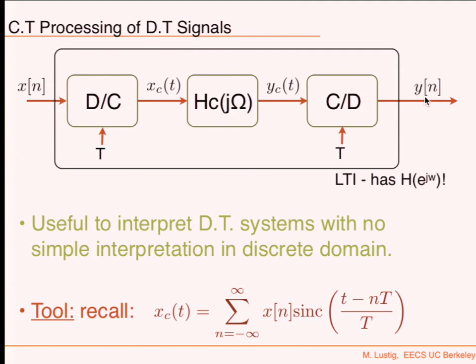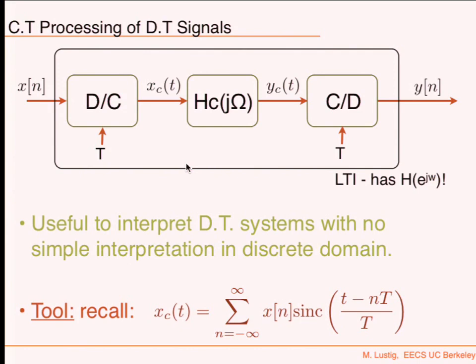Okay? So is this LTI? If this is LTI, is this LTI? Yeah, it's always actually going to be LTI. And I'll show you why. But what's the purpose of this? The purpose of this is not to build this.